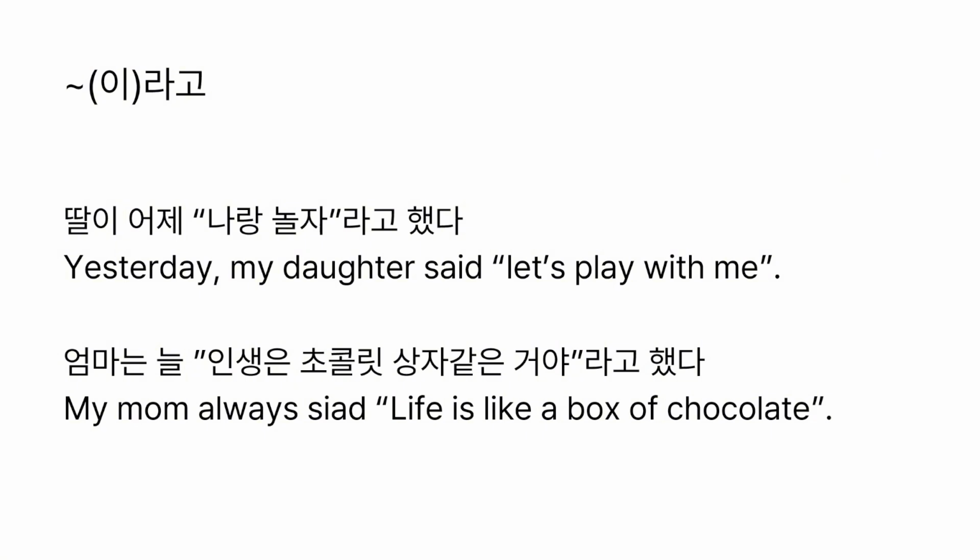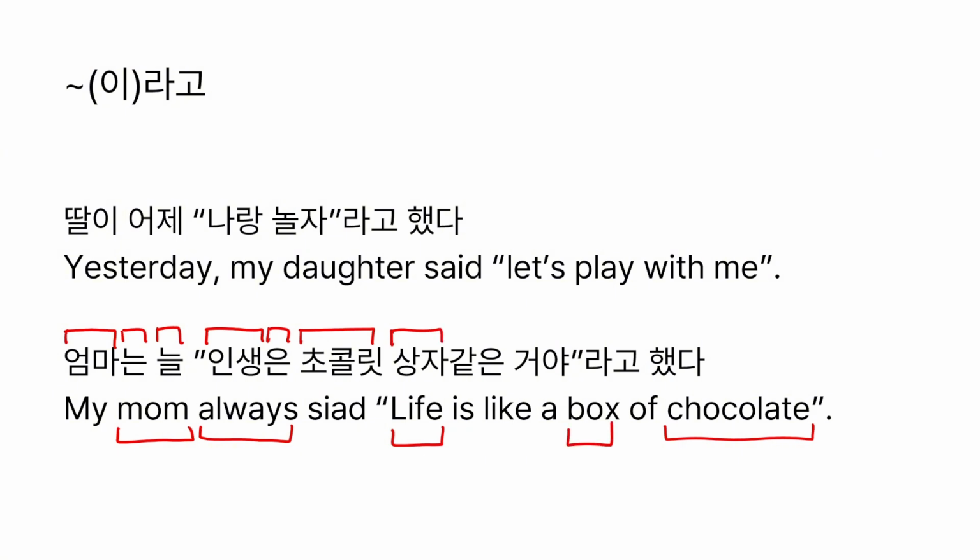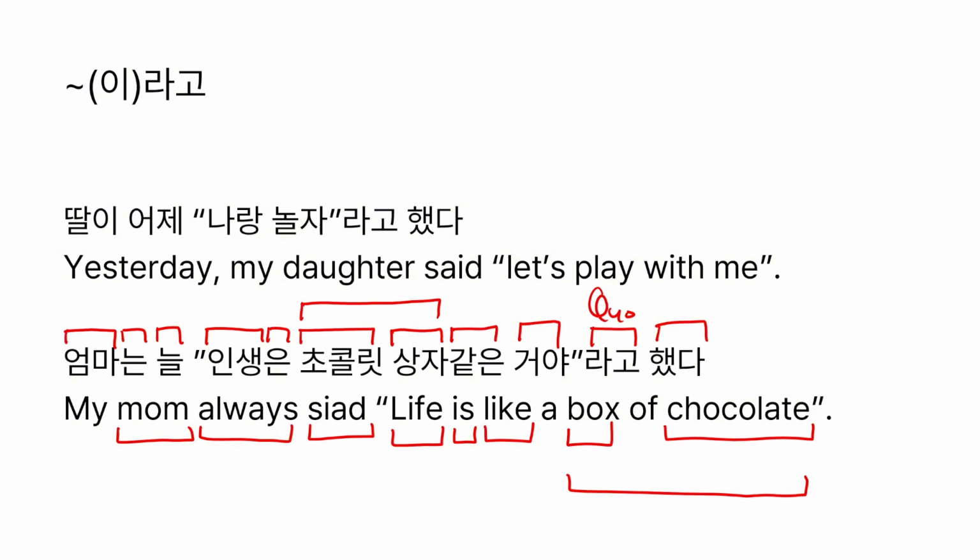In this sentence, 엄마 means mom, and 는 we'll learn that later, and 늘 means always, and 인생 means life, and 은 we'll learn that later, and 초콜릿 means chocolate, and 상자 means box, and 같은 means like, and actually 초콜릿 상자 means box of chocolate, and 거야 means is, and 라고 is the quotative case particle which is not in the English sentence, and 했다 means said.